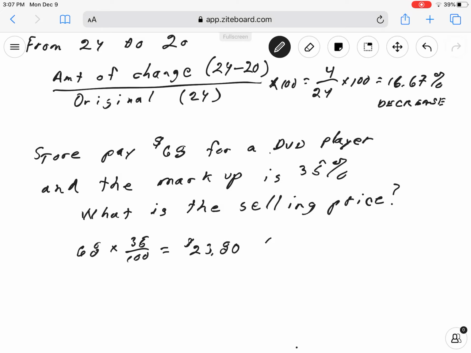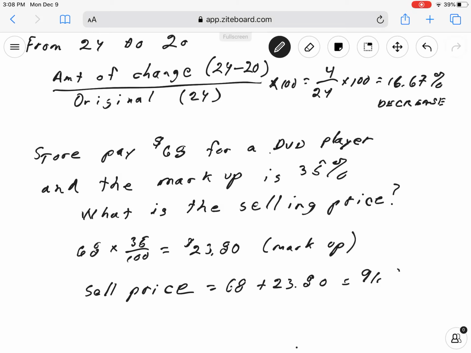So that's my markup. Okay. And now the selling price is the $68 plus the markup, plus $23.80, and that's going to be $91.80. Okay, so we add the markup to the original price.